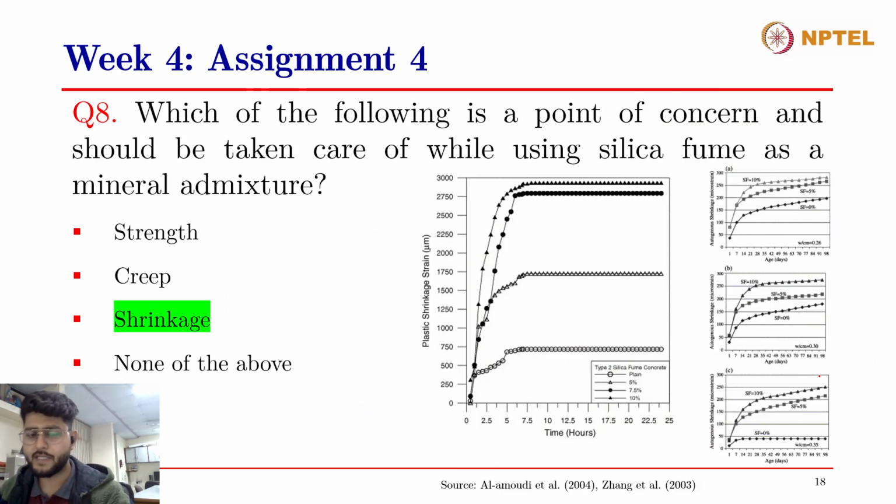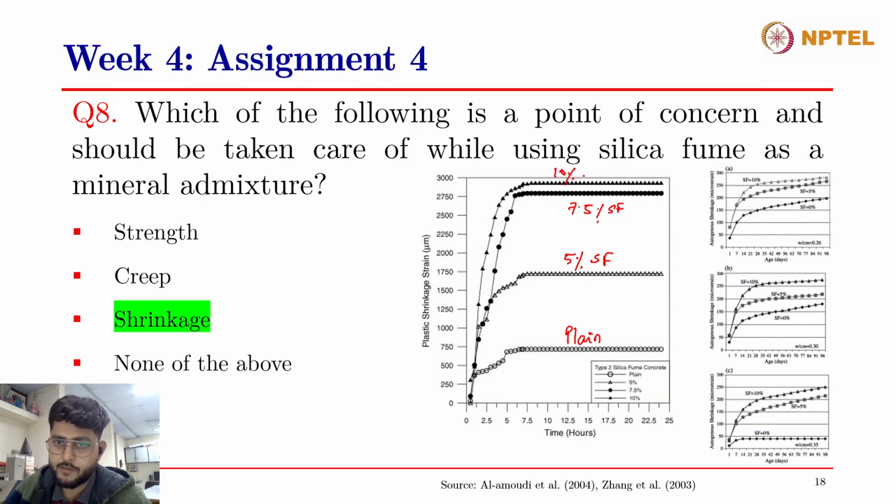And in order to explain how silica fume influences the shrinkage in cement and concrete, I've taken these two pictures from two research papers, and you can see that in the first graph, this is the plain concrete without any silica fume. This is 5% silica fume. This is 7.5% silica fume. And finally, this is 10% silica fume.